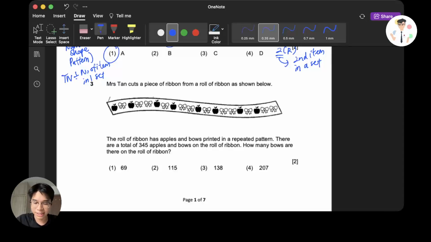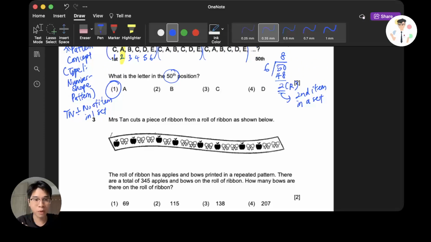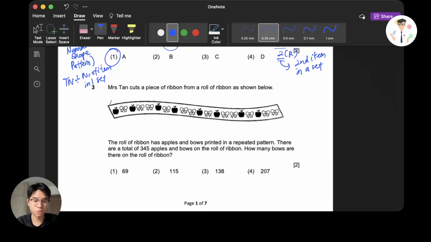Now question 3 is actually the same, still under pattern concept type 1, as you can see from the above, type 1 number or shape pattern. But this will be slightly more, probably a bit more tricky. Let's look at this question. Mrs. Tan cuts a piece of ribbon from a roll of ribbon as shown below. The roll of ribbon has apples and bows printed in a repeated pattern.